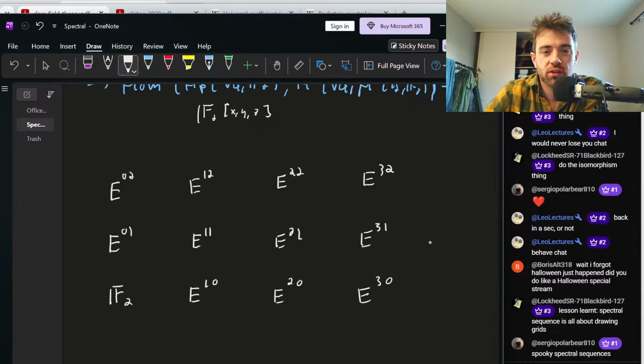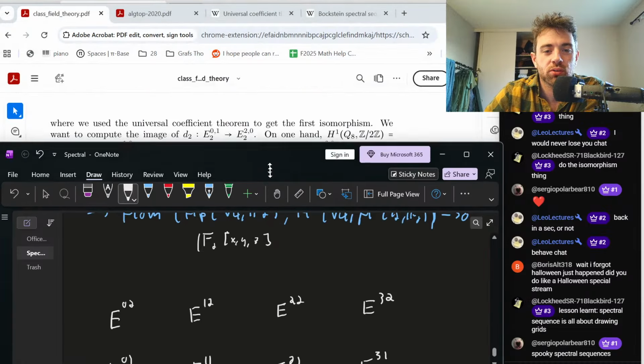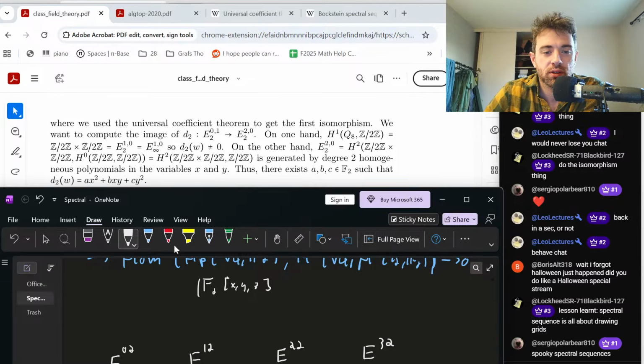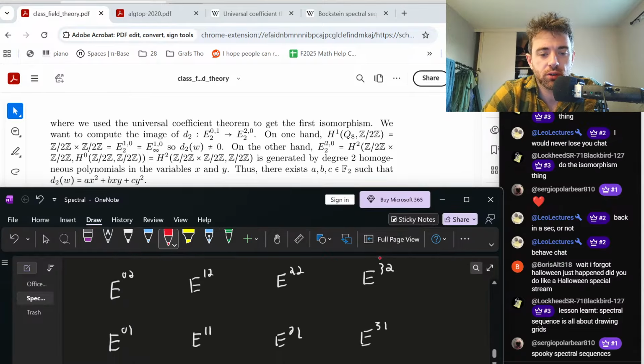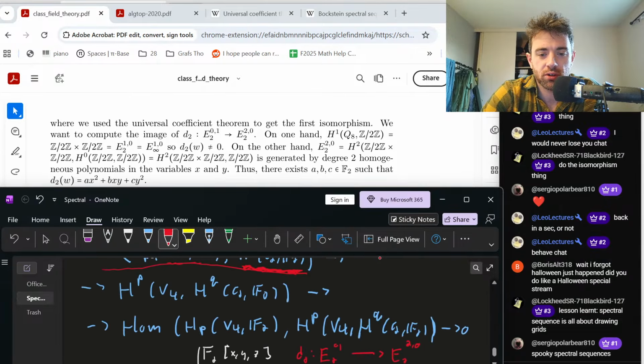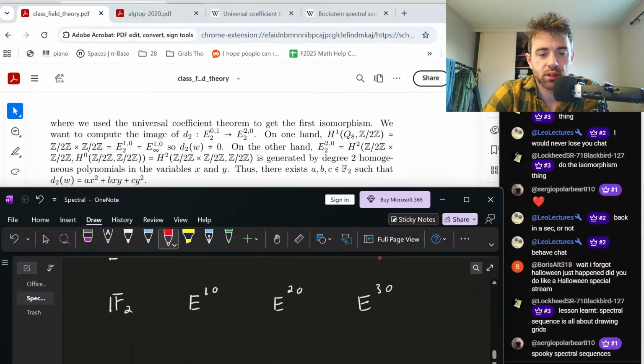Okay, so what is the claim here? They're trying to compute... So D2 goes from E2 0 1 to E2 2 0. Agreed. But they're saying that E2 0 1 is equal to the infinity term. E2 0 1.